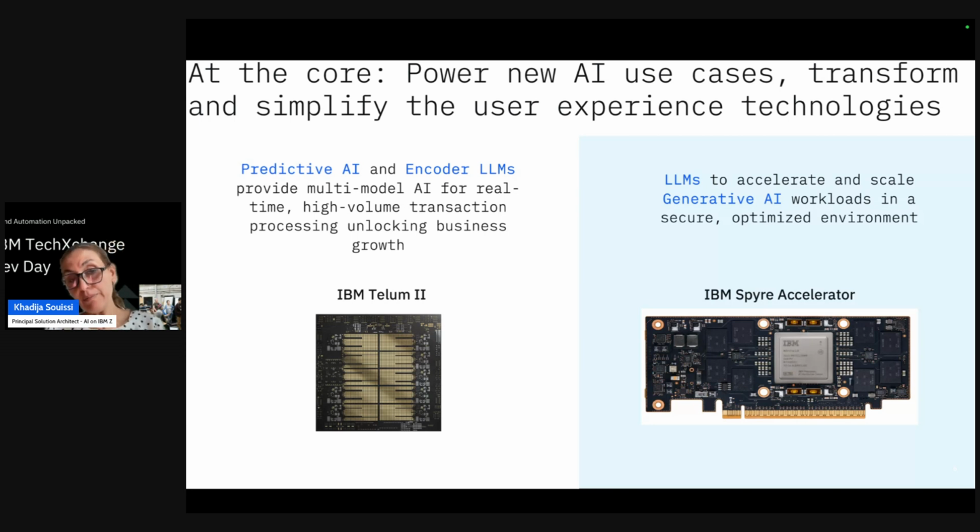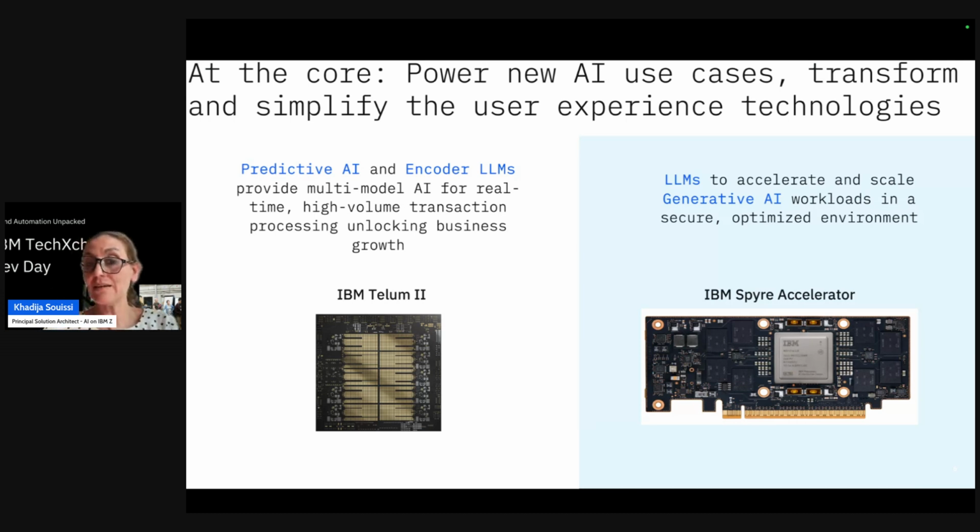And as we know, the world of AI has been evolving, and we are not talking only about predictive AI anymore. It is still very important, and it is going to be there for a long time.